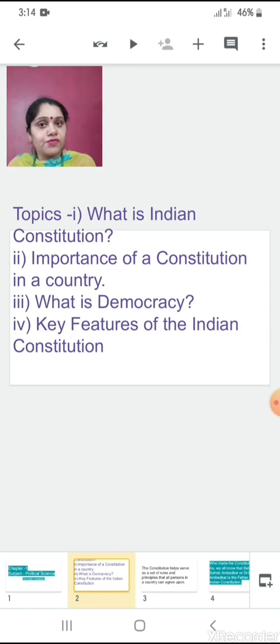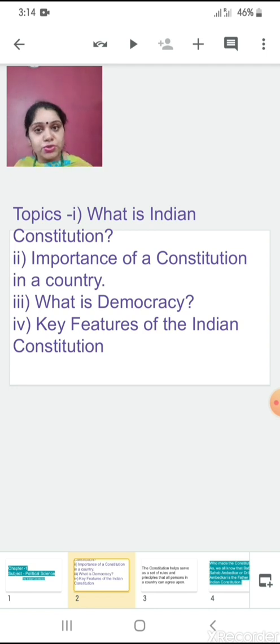Again, coming back to the first question, what is the Indian Constitution? Before that, I would like to ask you what is a constitution and what is the requirement of a constitution for a country. Can anyone tell? Children, a constitution is a set of rules and regulations which provides ample and sufficient instructions which help to bind the people of a country together.